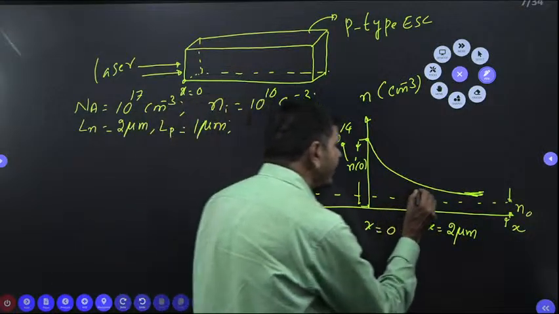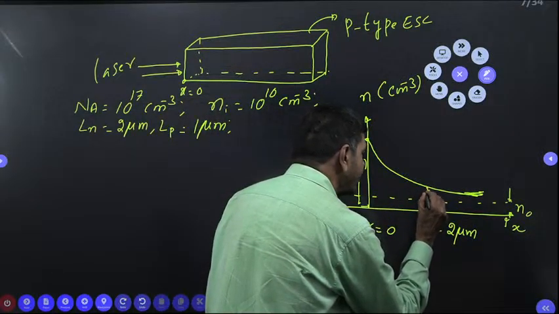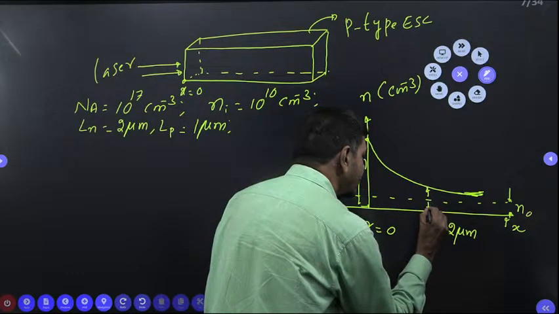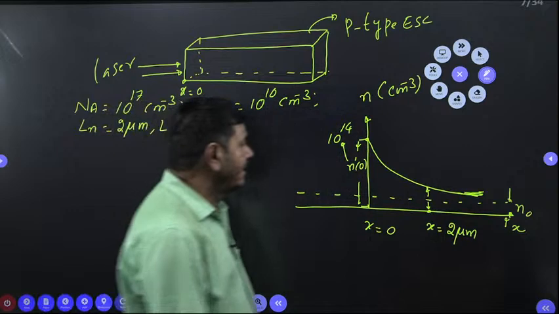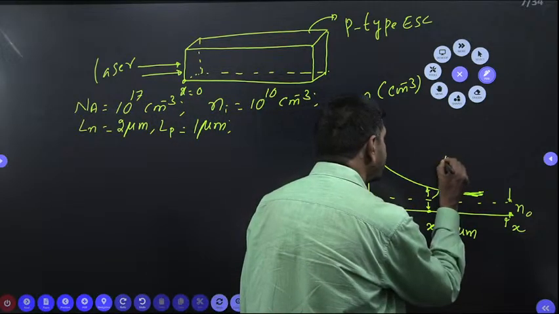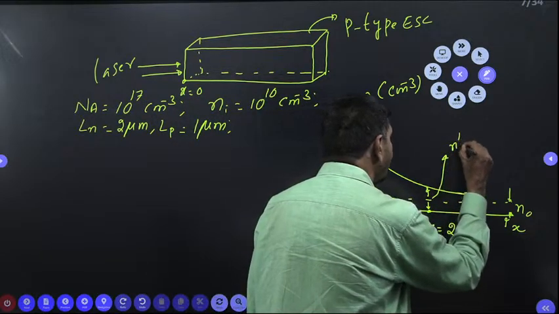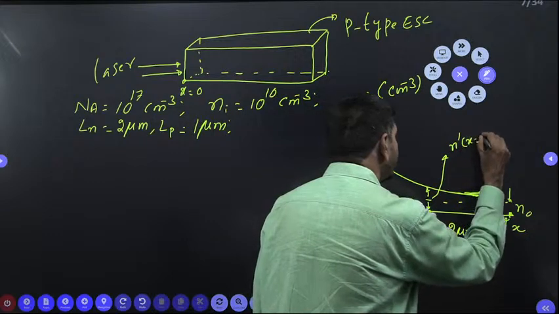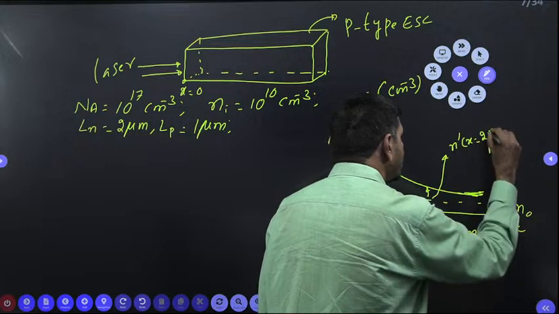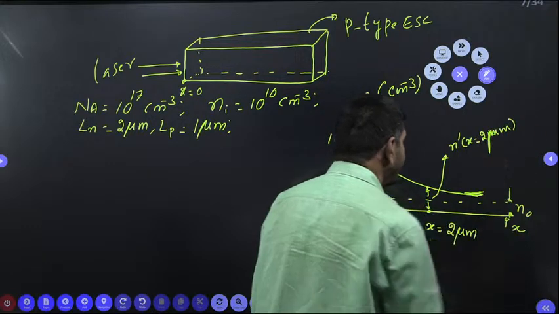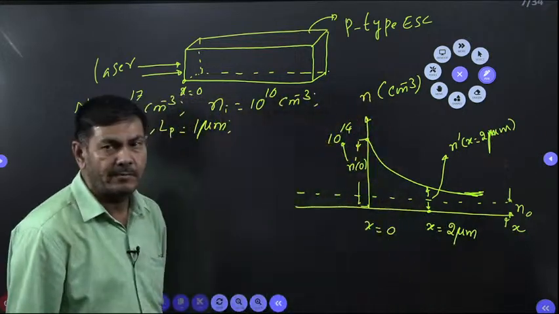The density of electrons is required. That concentration I can say is N dash of x equal to 2 micrometers. N dash of 2 micrometers I want.